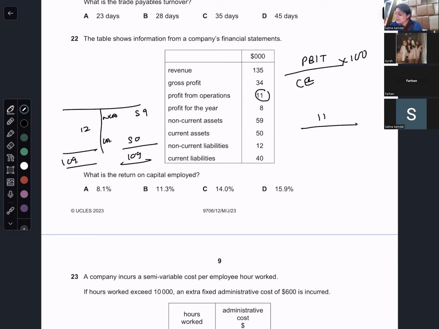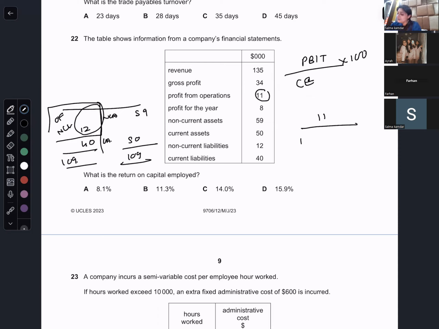Non-current liabilities is 12. Current liabilities is 40. Capital employed means owner's funds plus the non-current liabilities.